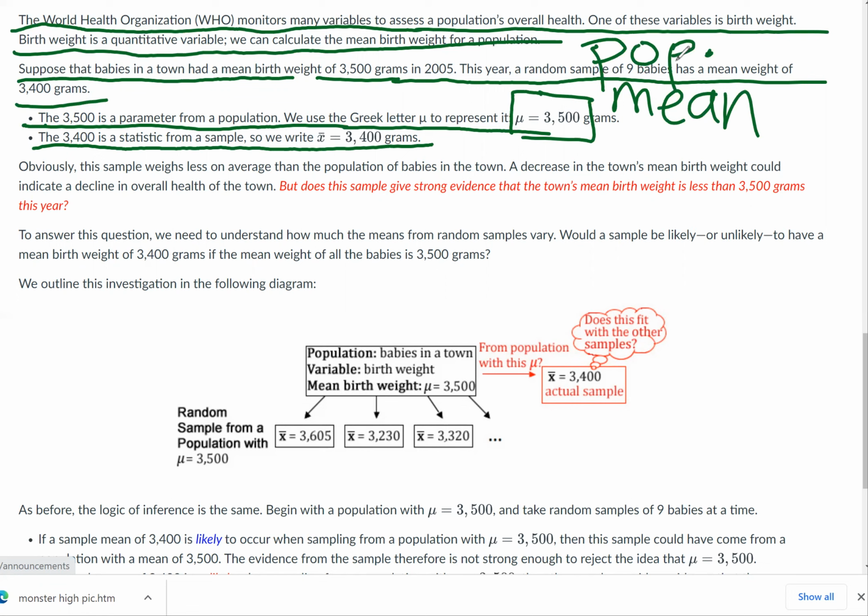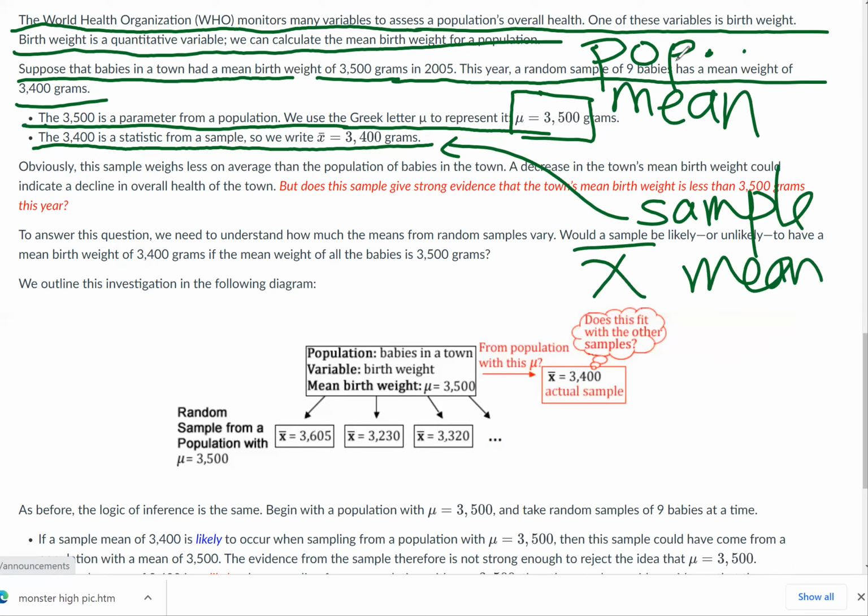That was the old population mean, but we're trying to test to see if this new sample mean is closer to a current population mean. Maybe it's changed from 2005. Sample mean, X bar, and then population mean, we'll use mu. Okay, all right. Obviously, the sample weighs less on average than the population of babies in the town.